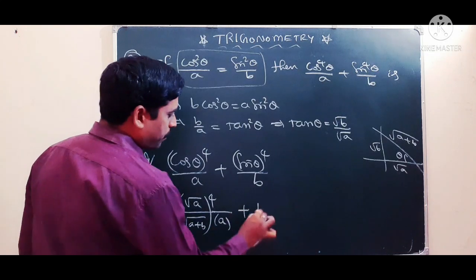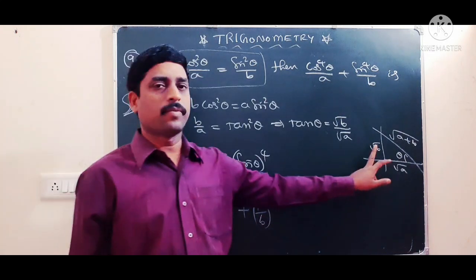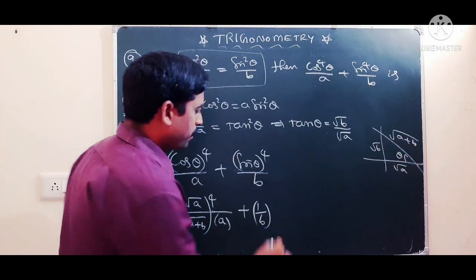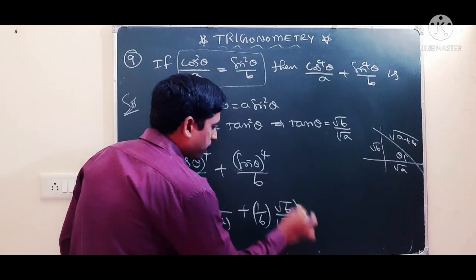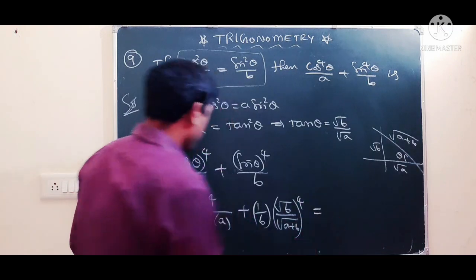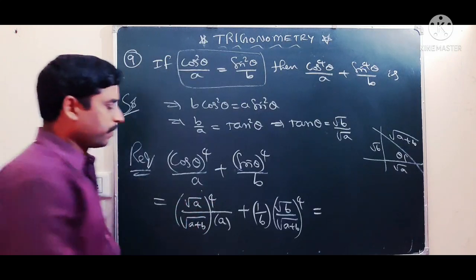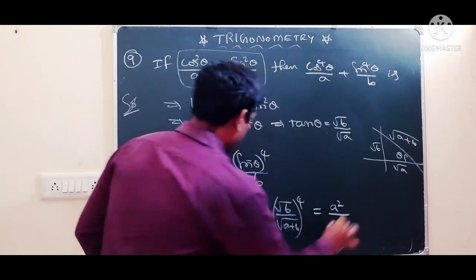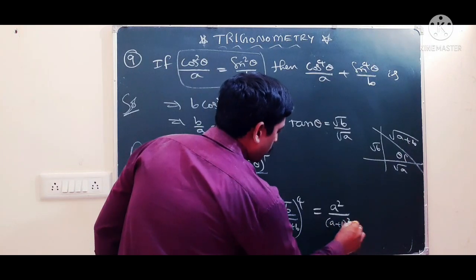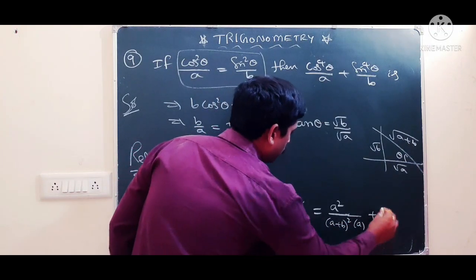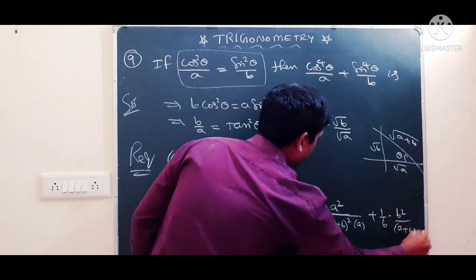Then 1 by b into sin theta, root b by root a plus b, power 4. So this value will be a square by a plus b whole square into 1 by a. This is also 1 by b into b square by a plus b whole square.